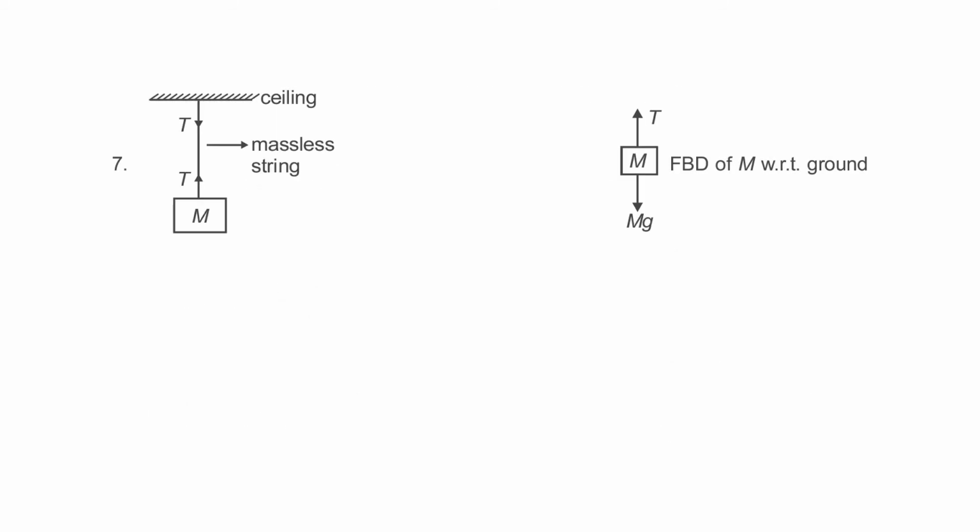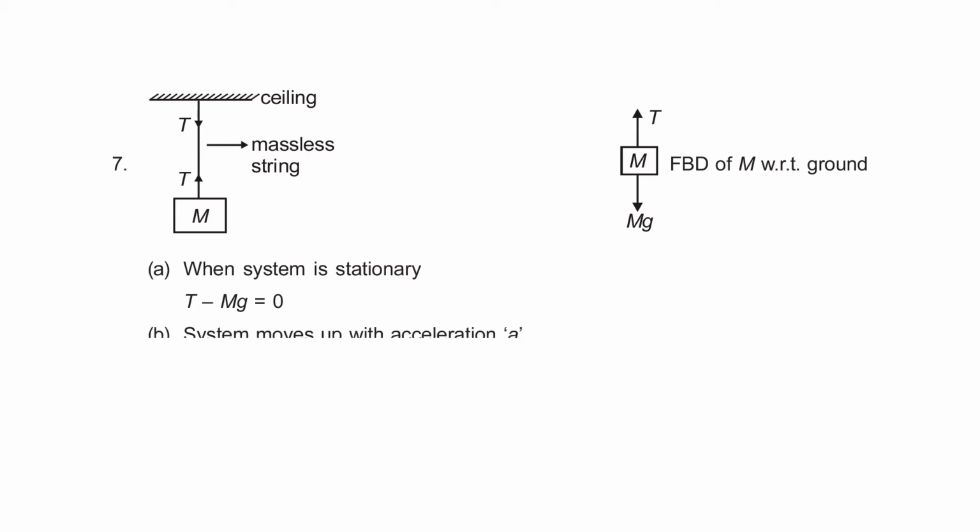We move on to the seventh formula. For the seventh one, refer to the image on your screen. 7a. When the system is stationary, T minus mg is equal to 0. 7b.